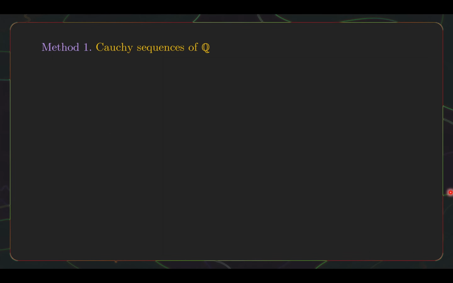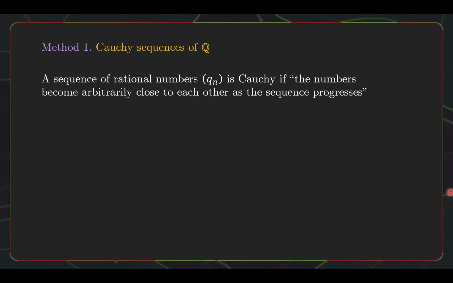The first method is what is called Cauchy sequences of the rational numbers. A sequence of rational numbers is said to be Cauchy if the numbers become arbitrarily close to each other as the sequence progresses. Before I give you the formal definition, let me describe it in a pictorial way.